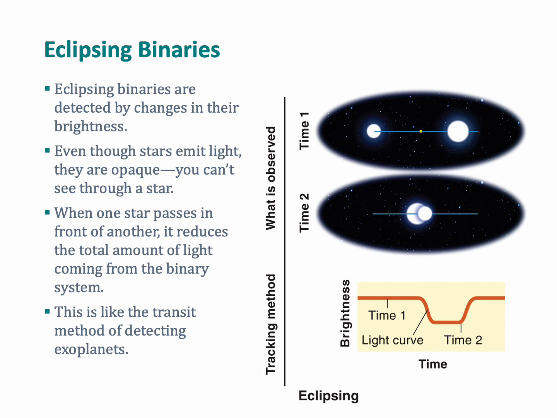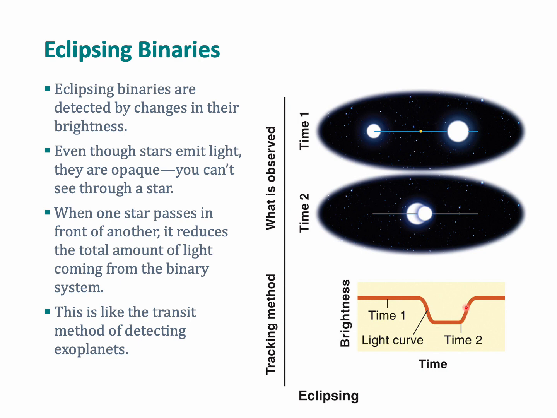Finally, we have eclipsing binaries, and this occurs when the plane of the stars' orbits about one another is seen edge on from the Earth. So one of the stars will pass in front of the other star. And even though both stars are producing light, when one is in front of the other, there's going to be a dip in the amount of light that comes out.